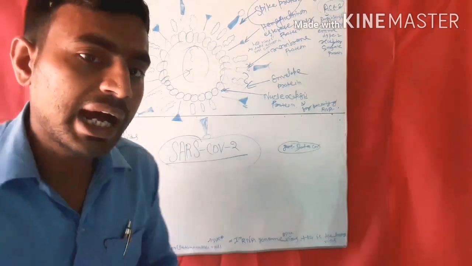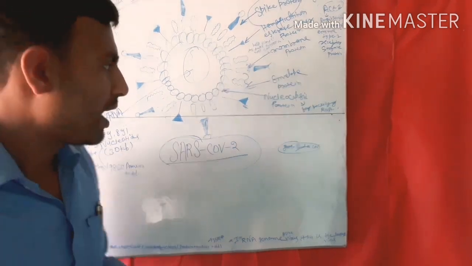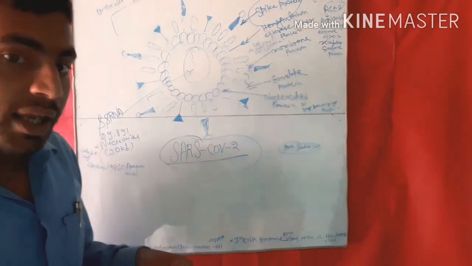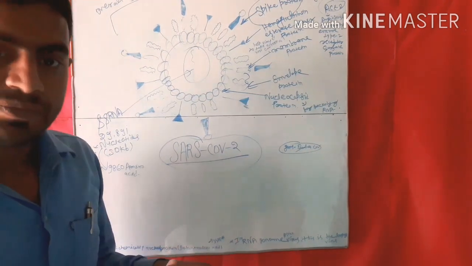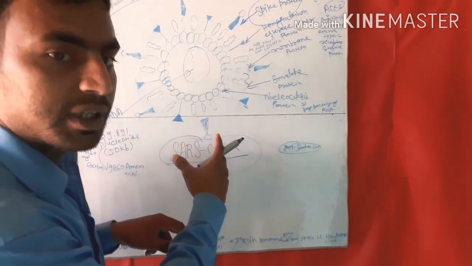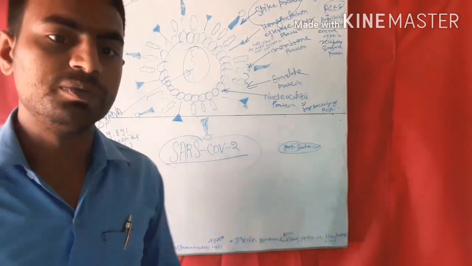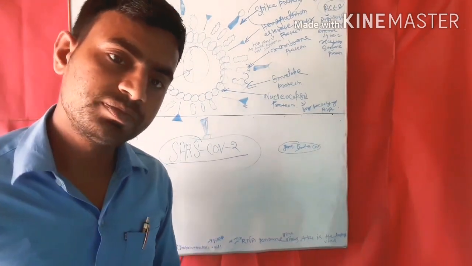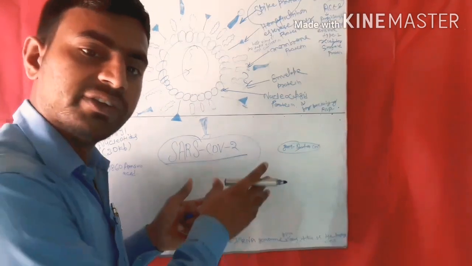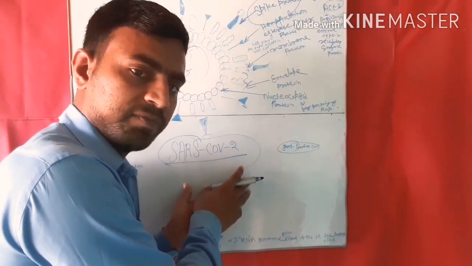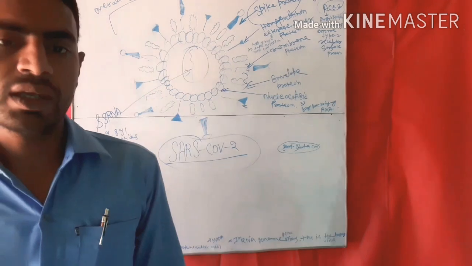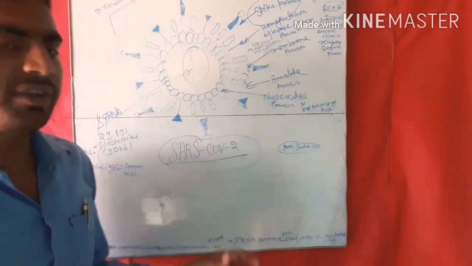These figures show SARS-CoV-2, and this COVID-19 virus has an RNA genome and is the largest virus among RNA genome viruses. Also its size is the largest.